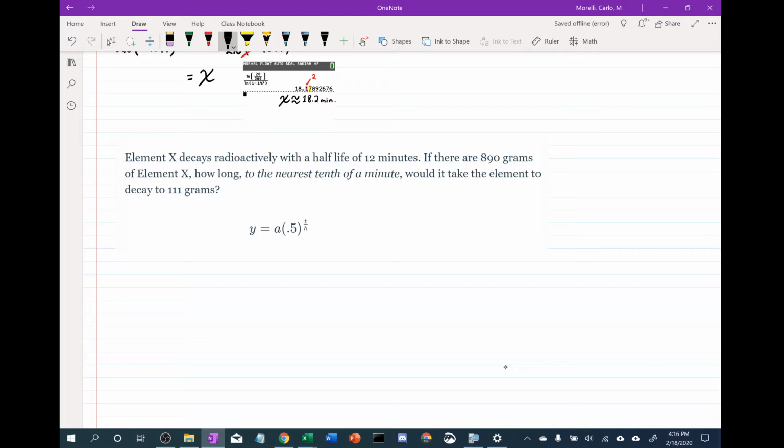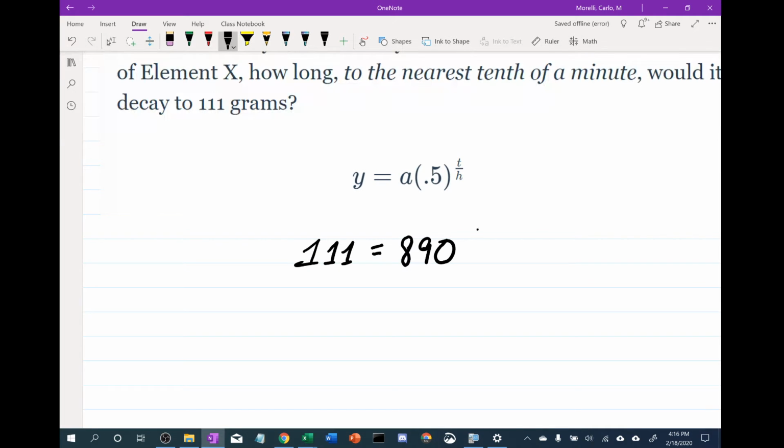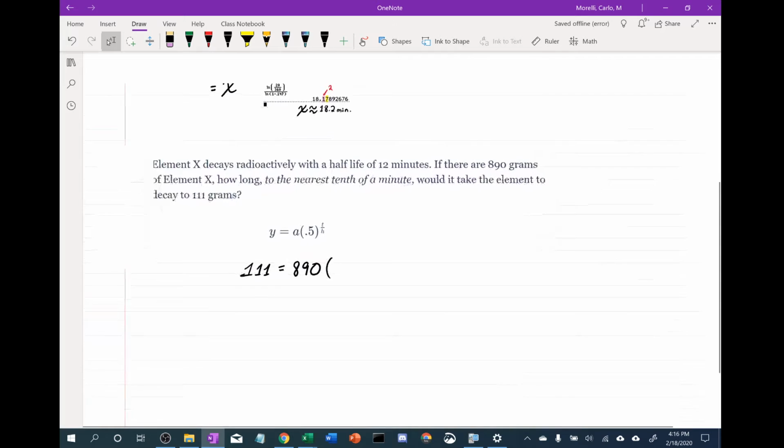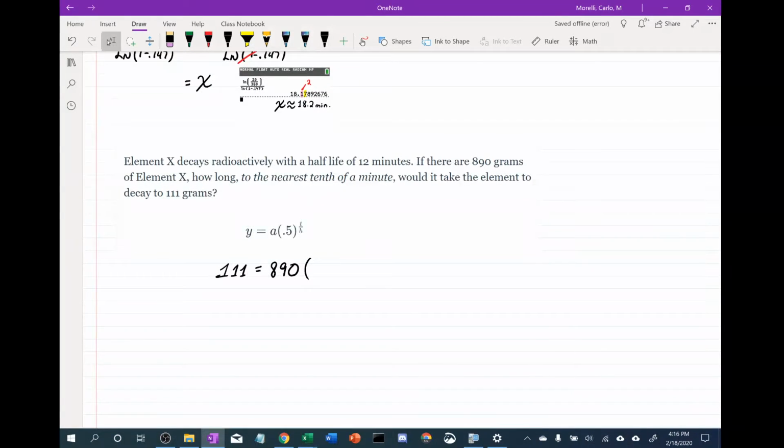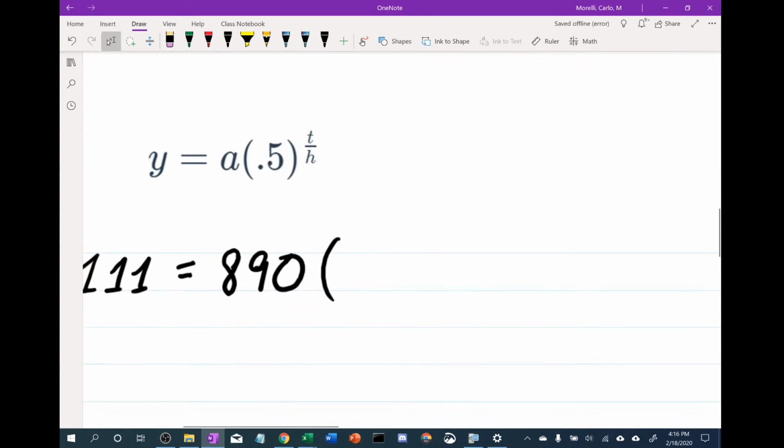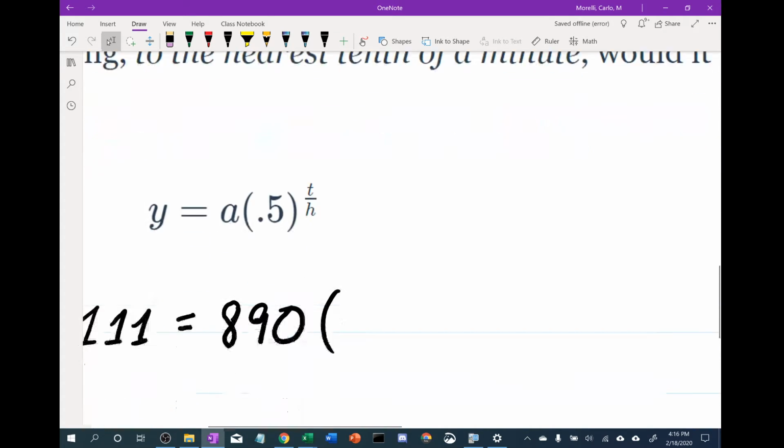So if we have 111 at the end, that's equal to 890 multiplied by, okay, and it says that it decays, well, because there's a half-life, the decay rate is 50% per half-life period. Okay, and that period is 12 minutes.